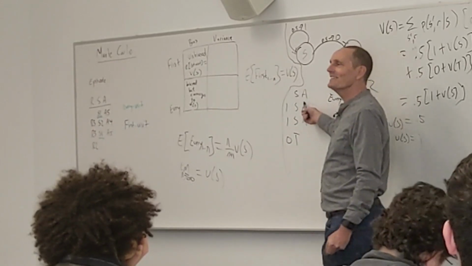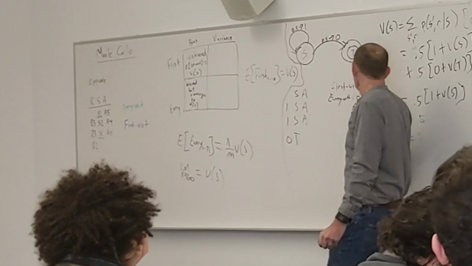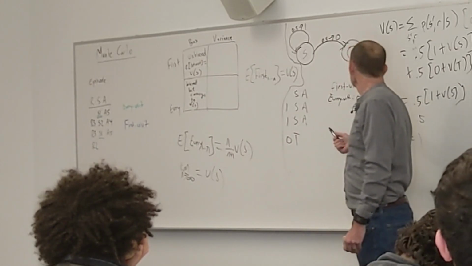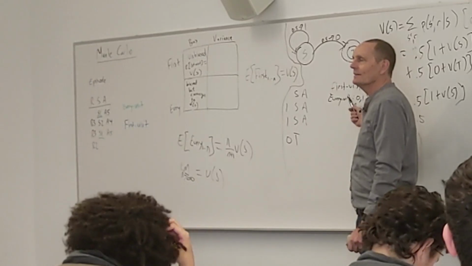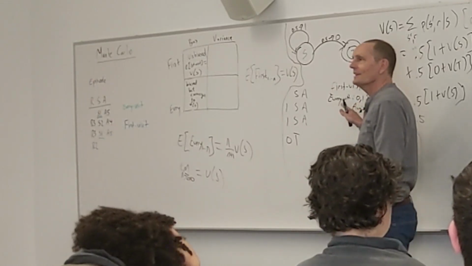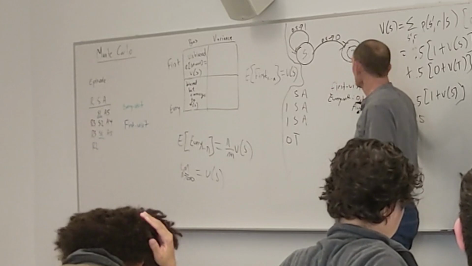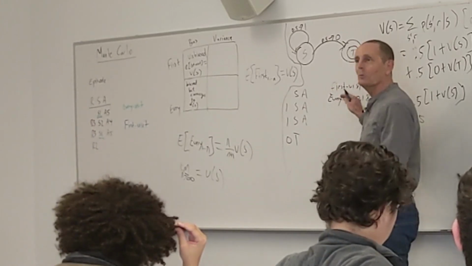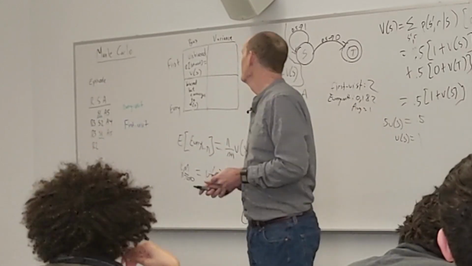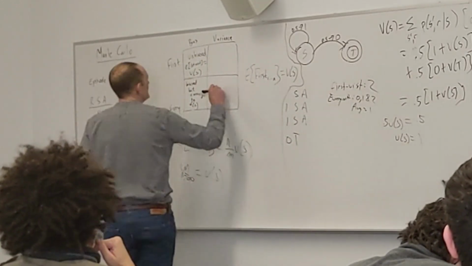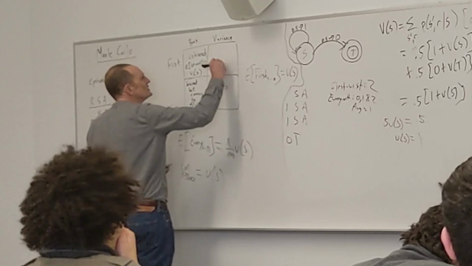Our every visit value here is 1, and our first visit is 2. For every visit, the variance, if we have more of these smaller numbers thrown in there, we're going to have a smaller variance. So which do we want to use?